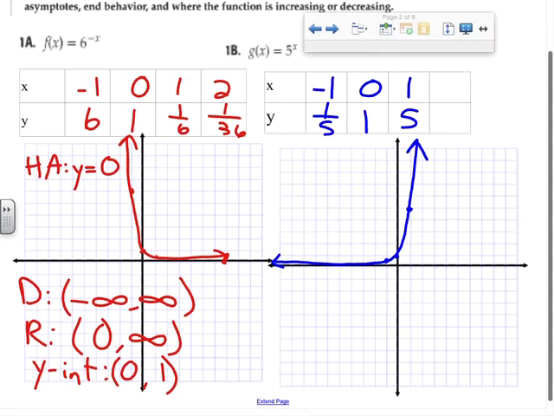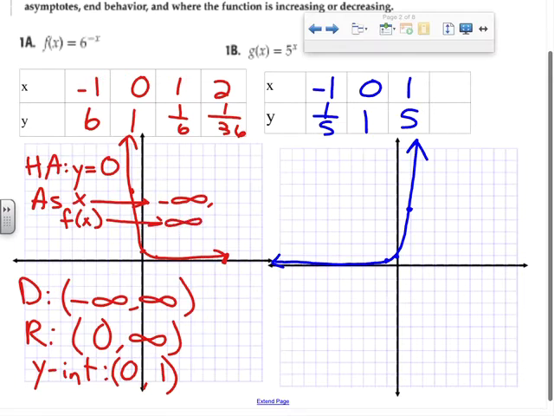End behavior: as x approaches negative infinity, my f of x is approaching, remember what you're looking at. As x is approaching negative infinity, that means I'm looking towards the left side of my graph. And on the left side of my graph, the further left I go, the higher up I'm getting.